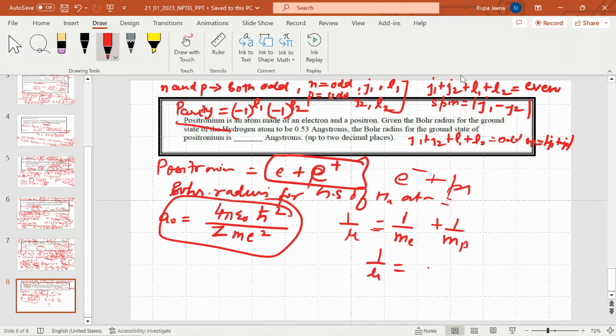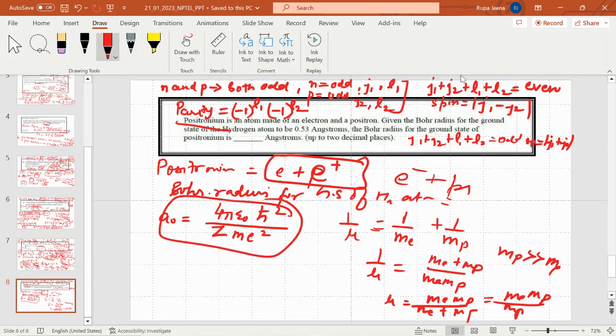So 1 upon mu is equal to 1 upon me plus 1 upon mp, so mu is equal to me mp upon me plus mp. You know the mass of the proton is very much larger than the electron, so this cancels, and in the case of hydrogen, mu is replaced by me.